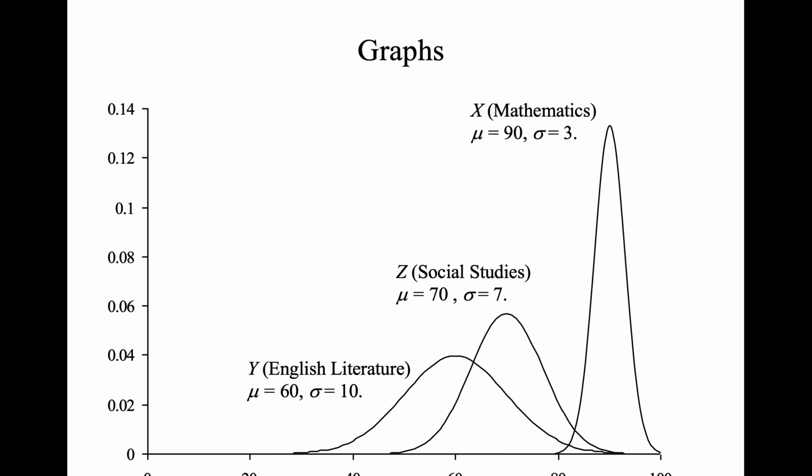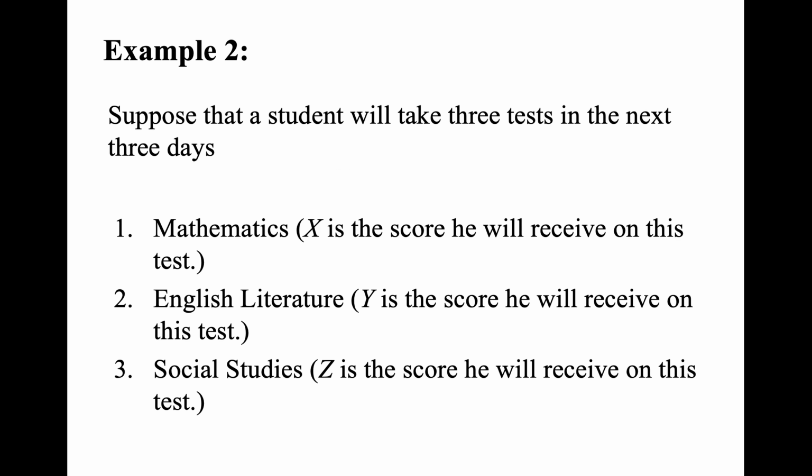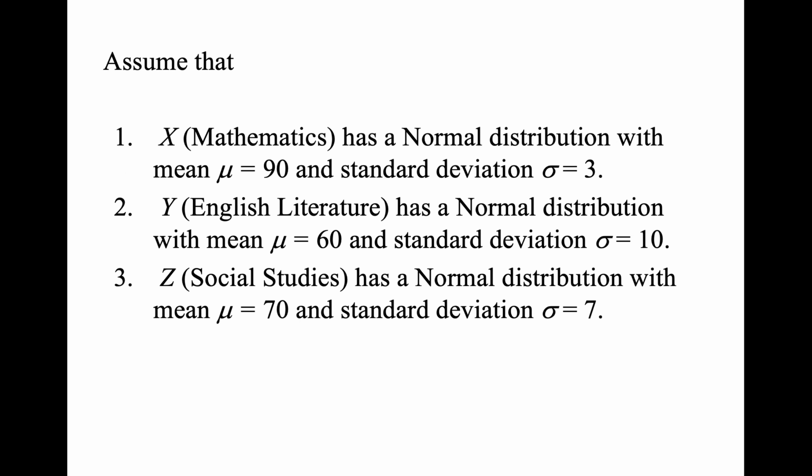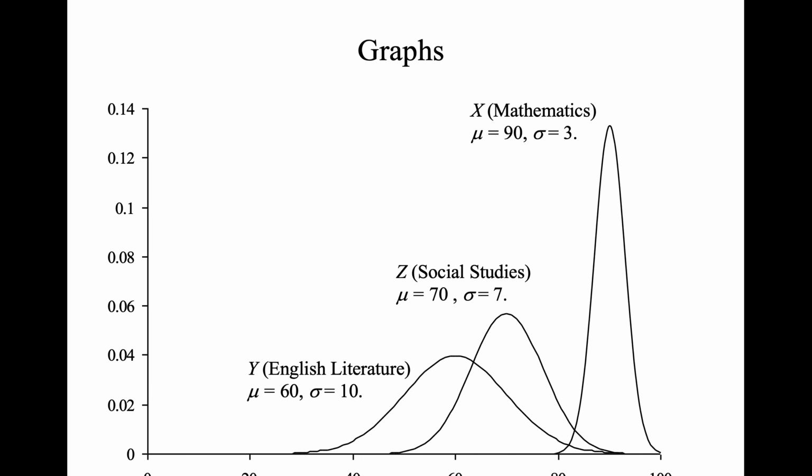So we can get this graph, which is the graph if we combine the random variables. This is the sampling distribution of the figure that we can observe.